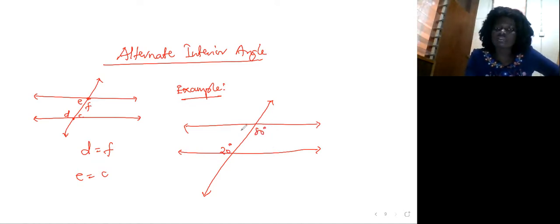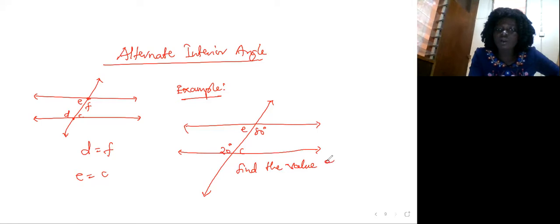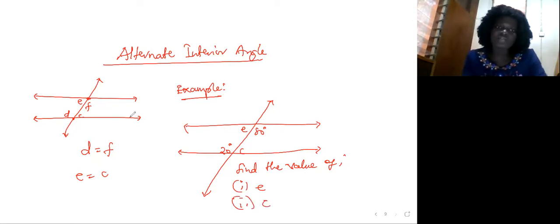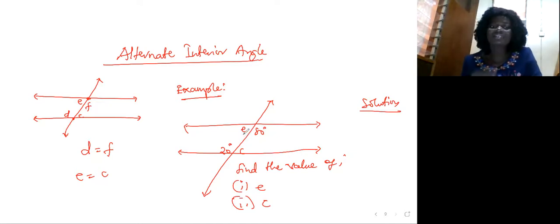What can you say about this? Then leave this place to be E and C. Find the value of E and C. So from our illustration, we can say that the value of E is what? I'm waiting.